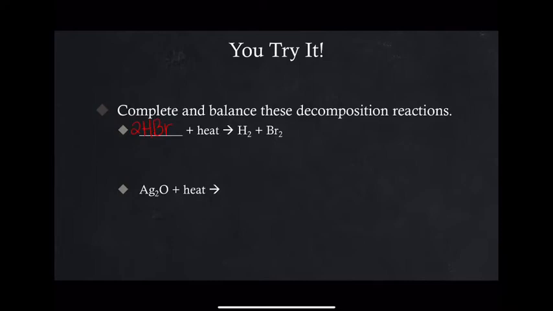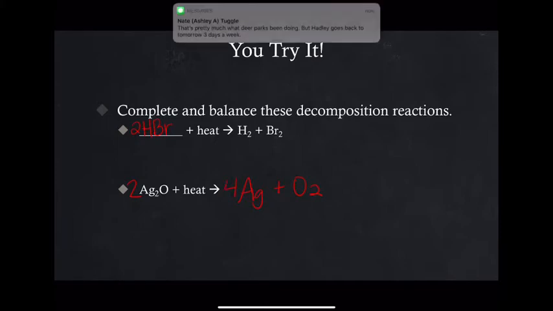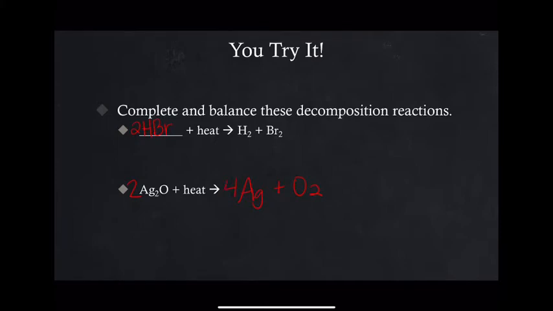That's how you would say those. And add it to heat, and then you would get H2 and Br2. This one, okay, so you would have 4Ag plus O2, and then to balance it out, you have to add those coefficients in there. Okay?